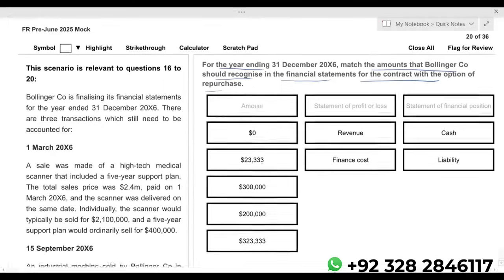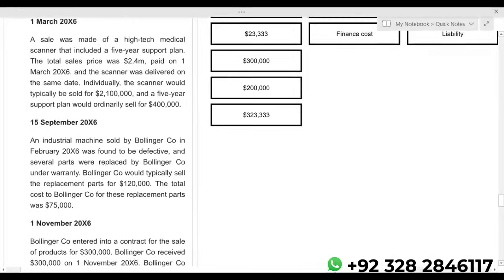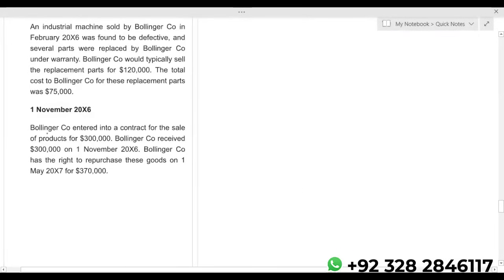Let's see what happened here. Bollinger Company entered into a contract for the sale of products for $3 lakh. Bollinger Company received 300,000 on 1st November X6. Bollinger Company has a right to repurchase these goods on 1st May X7 for 370.